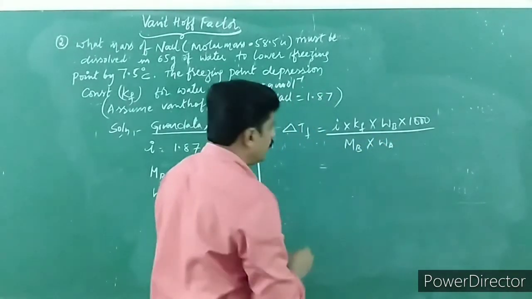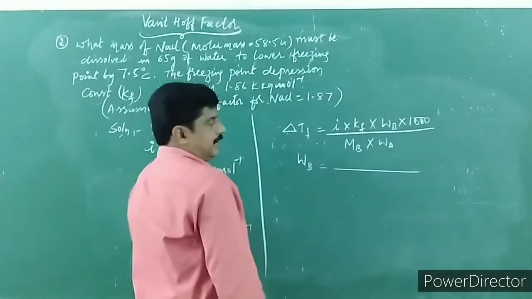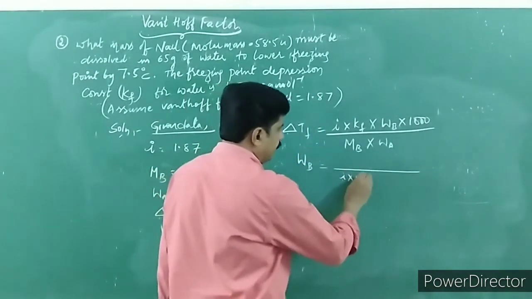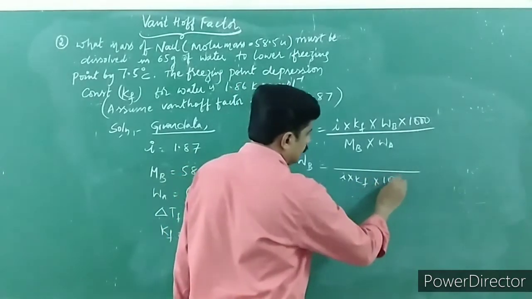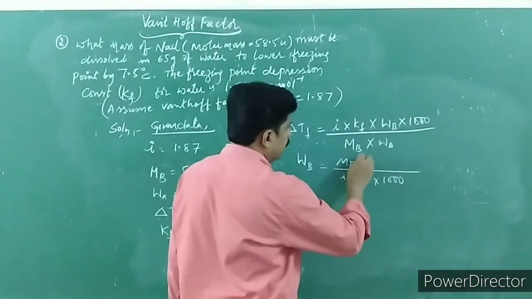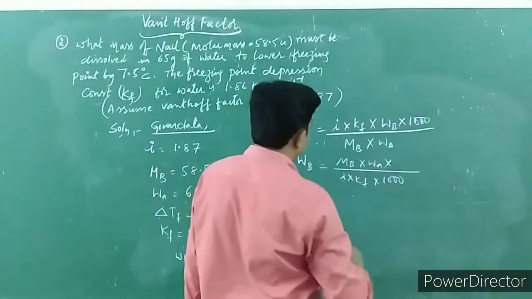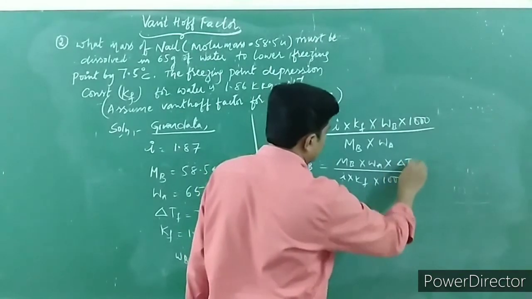Look here, what do you want? WB. I'll reshuffle. WB is equal to MB into WA into delta TF upon i into KF into 1000.